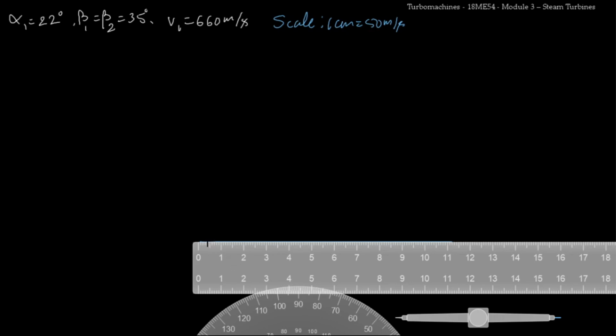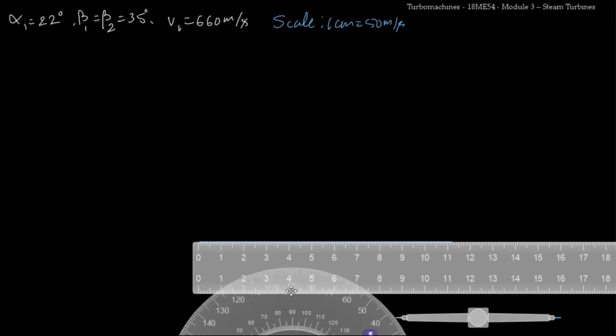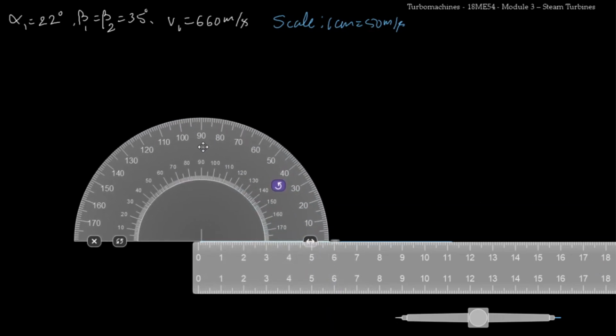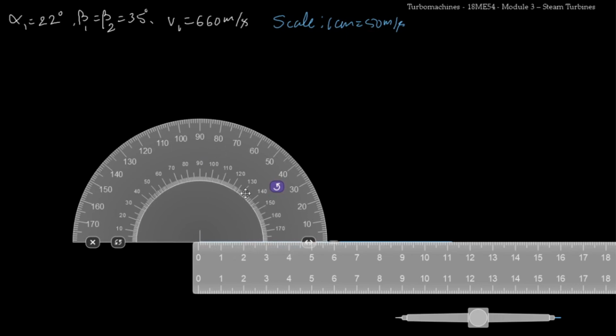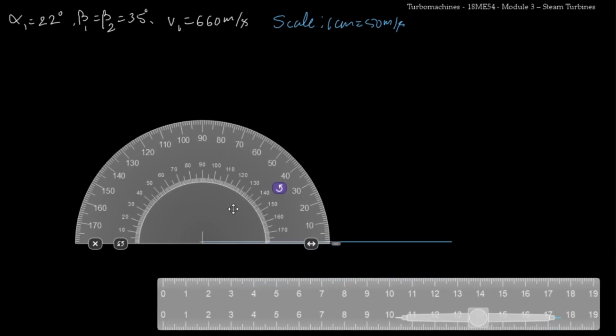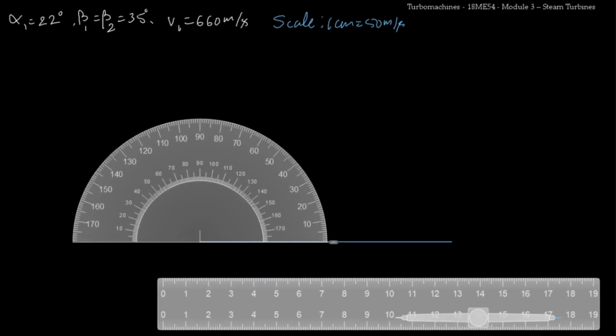So now from this point I'll take the protractor, I'll place it exactly here, exactly over the line. Then I'll measure 22 degree. So here it's 22 degree. I have marked a point here.